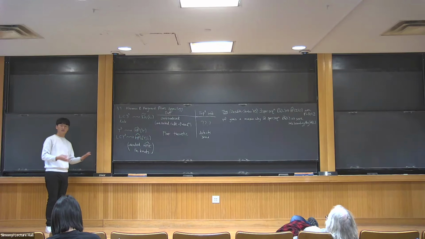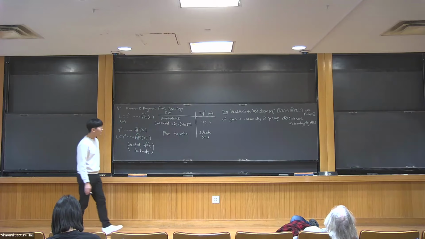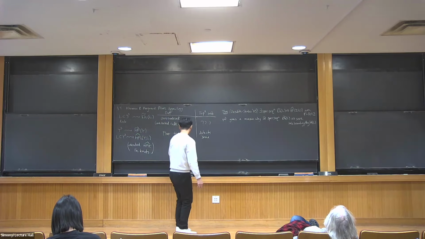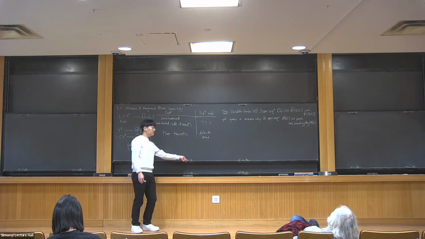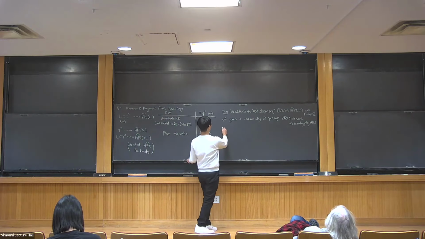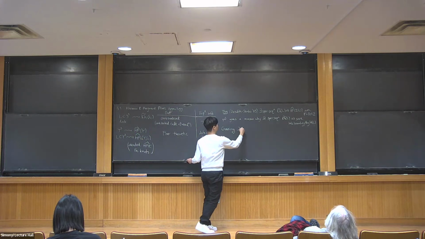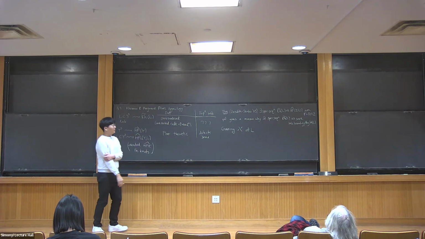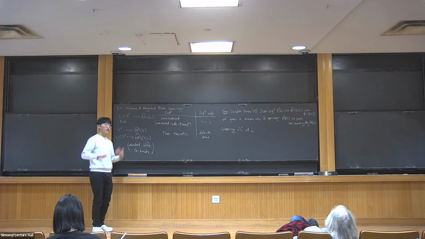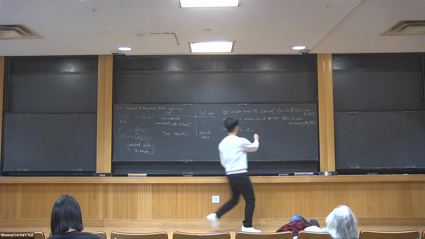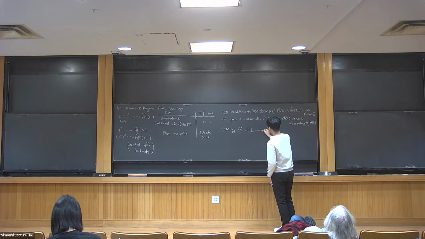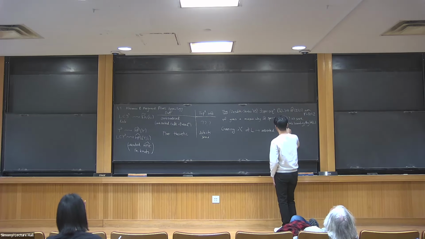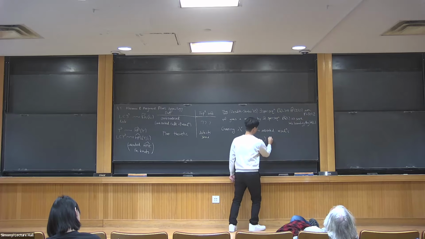I'd like to say a few more words about this. So what do I mean by an unoriented skein exact triangle? If I have a crossing of a link L that looks like this, then I could consider two unoriented resolutions, which are these two.